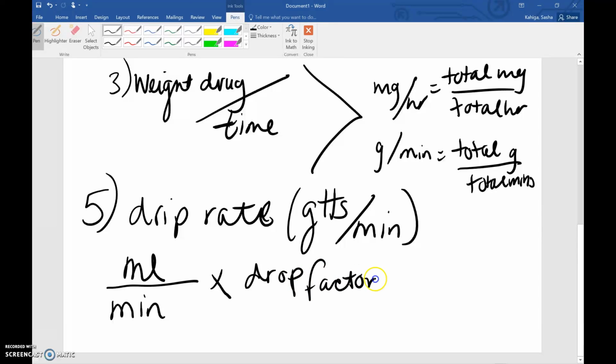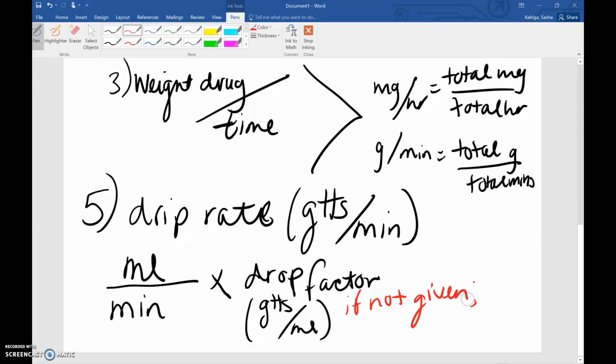Your drop factor could be given. Your drop factor has the units of drops per milliliter. But keep in mind that if not given, you are to use 60 drops per 1 milliliter.